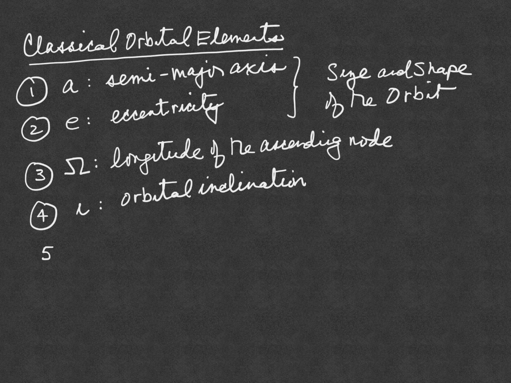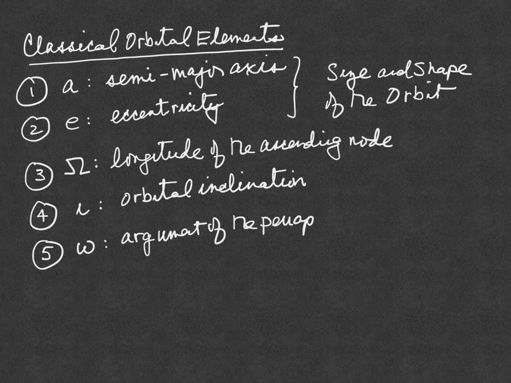The fifth orbital element is called little omega, and it's the argument of the periapsis. And the sixth orbital element is nu, which is the true anomaly. Now, when we did the two-dimensional description of the orbit, we did 3 of these. We did A, E, and we did nu. But we didn't do the middle, these 3, 4, and 5.